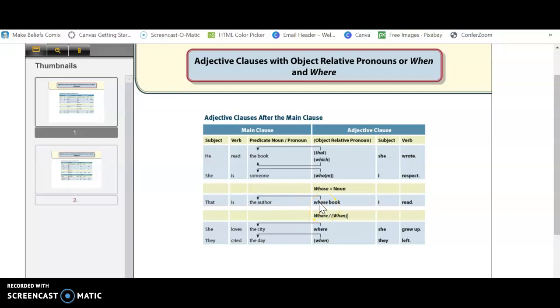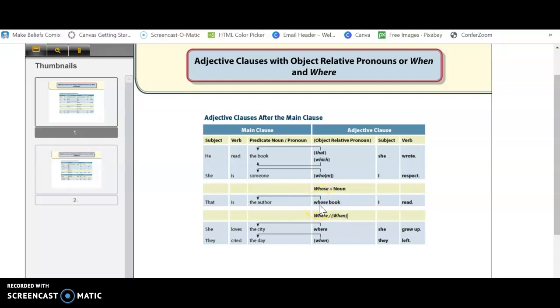But I can't write his book in here because his is not a relative pronoun. We learned that relative pronouns are that, which, who, and whose, right? That's why every time we see a possessive adjective like her or his, we're going to use whose instead.